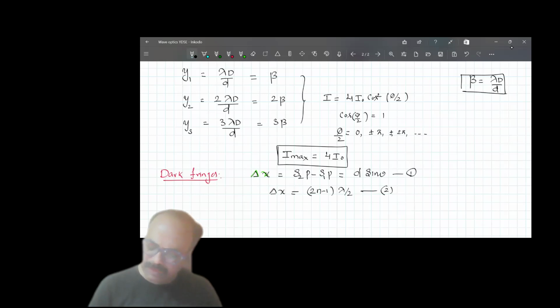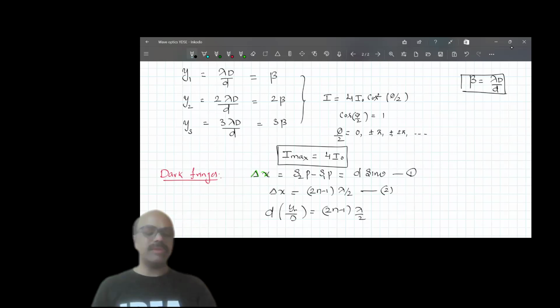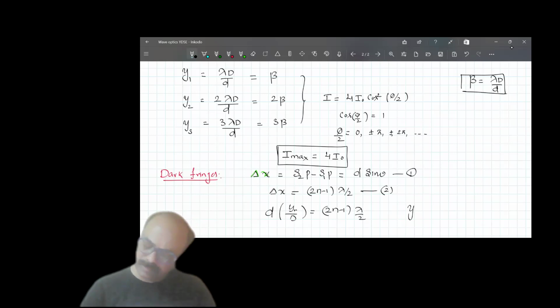Now if you equate these two, sine theta, already we discussed, is y by capital D equals 2n minus 1 into lambda by 2. So we want yn here. Yn equals 2n minus 1 into lambda capital D by 2 times small d.